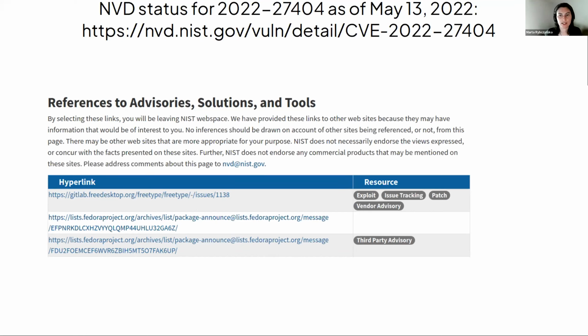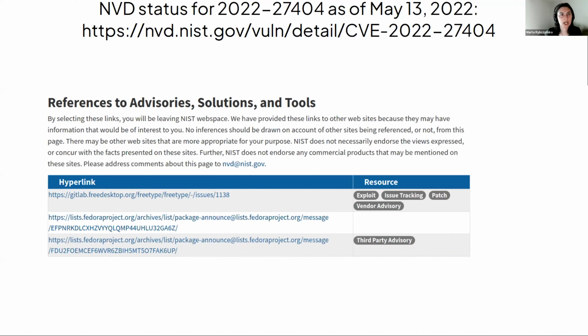You have the issue tracking, of course, and you have the discussion, so you can look into the issue in more detail, and you have all the messages on this case from the Fedora mailing list about it, so you can learn more, and you can figure out if you are affected or not by this issue, and how to fix it.